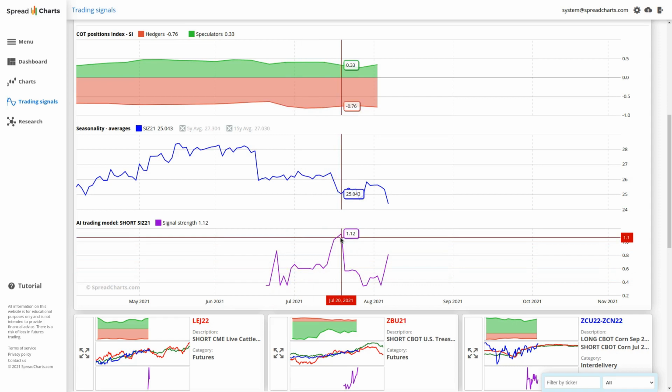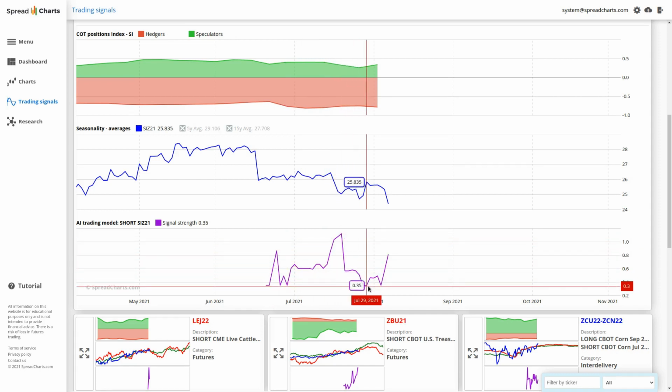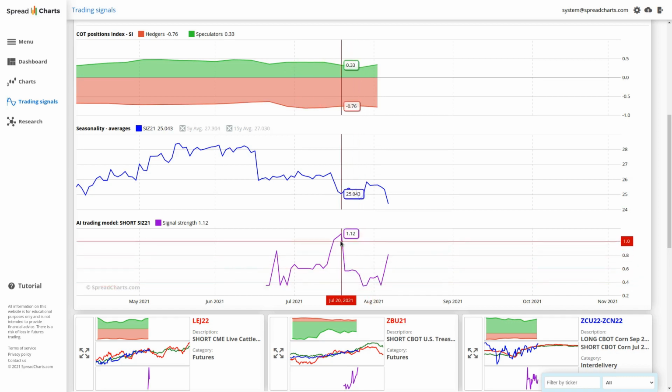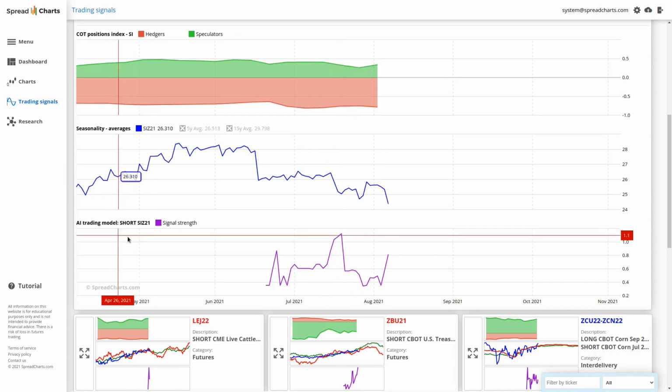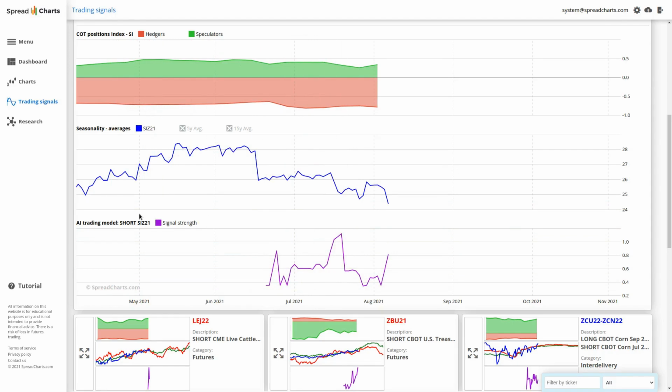And when the strength goes down, then the model simply no longer considers the opportunity to be as good as it was when the strength was as high as here above 1.0. If we had a long signal on some commodity and the purple curve goes up, that would mean the model thinks there is a higher chance the price of that commodity will go up in the medium term. So I think it's clear by now.